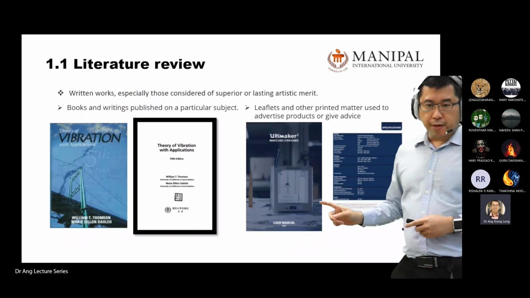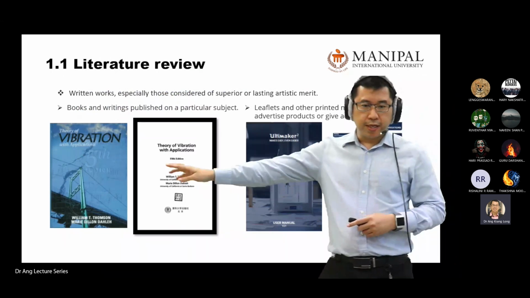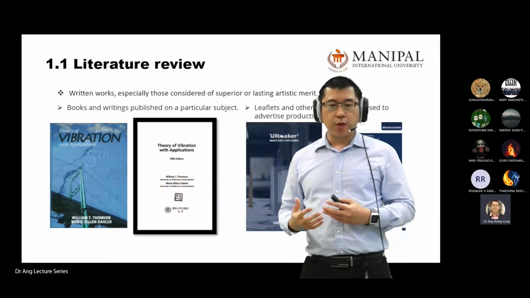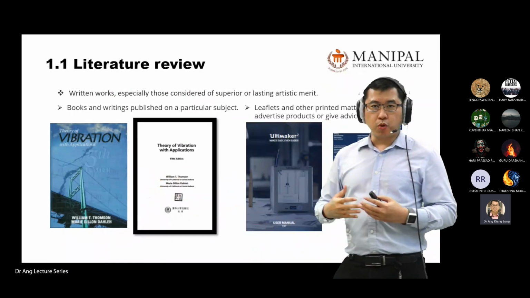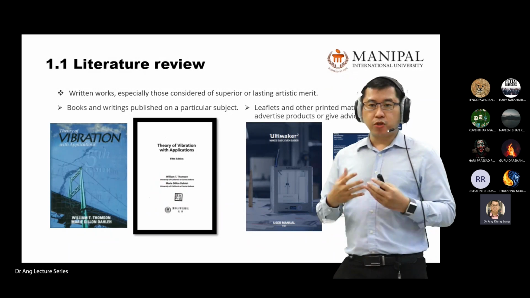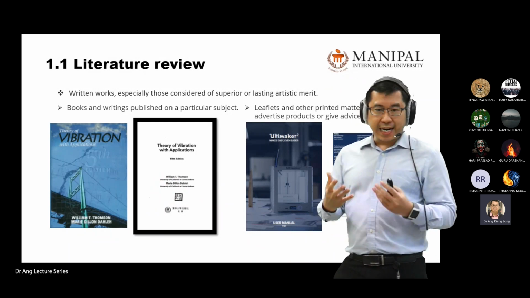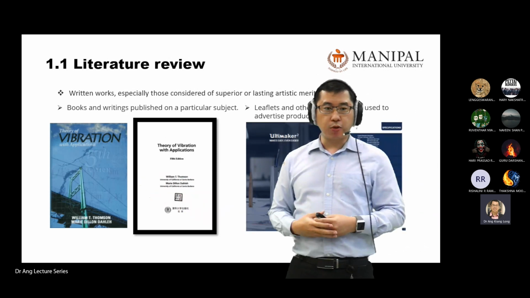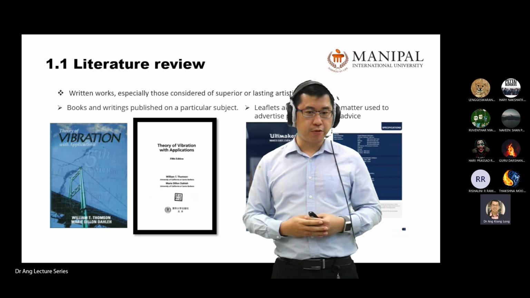Then I'll give you some examples. For example, these are the textbooks that you see when you do some theory review, or you want to go back to the fundamental design or fundamental theory or guidelines, then you refer to textbooks. But when you do a review, most of the time you will refer to journal papers and conference papers.